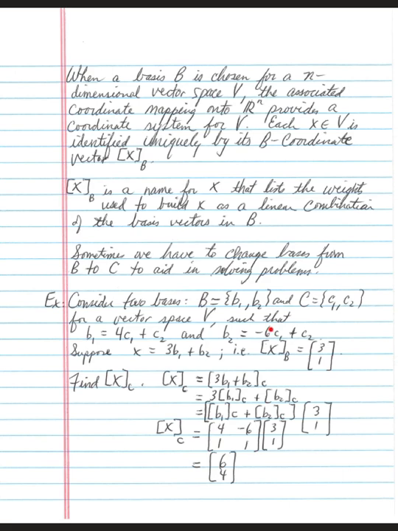B2 has coefficients negative 6 and 1 respectively, so you can make a column of those, negative 6 and 1. Multiplying by your B coordinate vector, we're going to take this matrix times x sub b, and then that gives us x sub c, or more correctly, the C coordinate vector 6, 4.